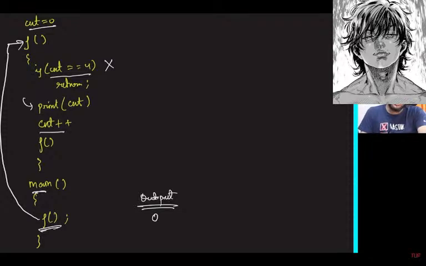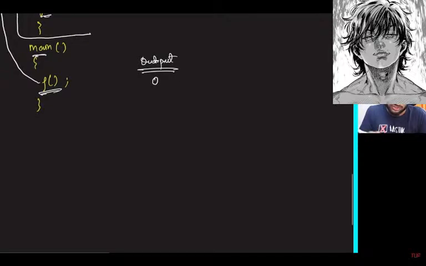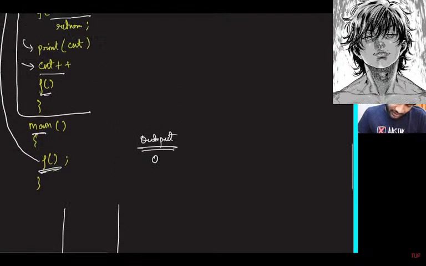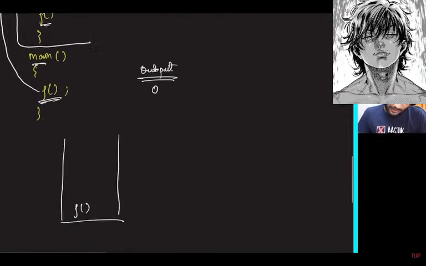Next, counter plus plus. That means counter becomes 1. This line is executed. Next, function has been called. So in the stack space, this function will be awaiting, at line number 5.